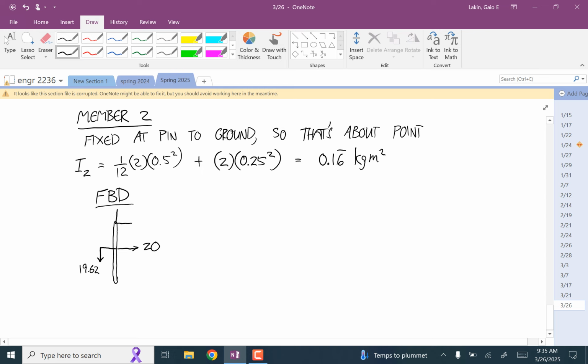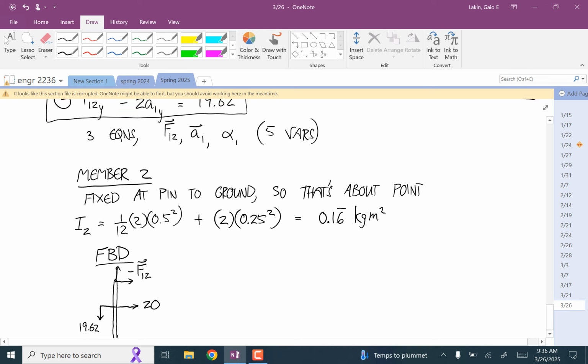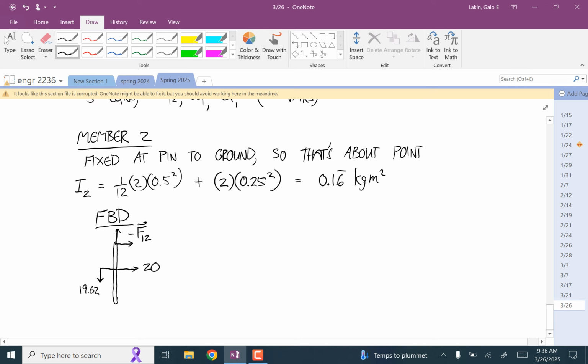Up here, we have the force on 2 by 1. Okay, but if we called it the force on 2 by 1, that would introduce new variables. Instead, what we want to do is use Newton's third law and recognize that this is negative F12. Okay, it's the negative of this vector variable we've already defined.